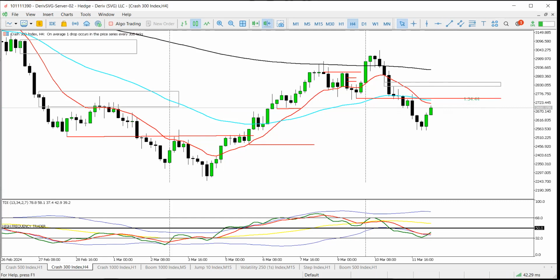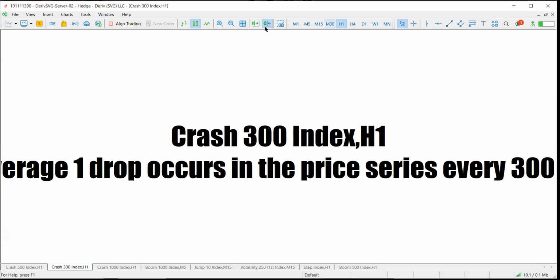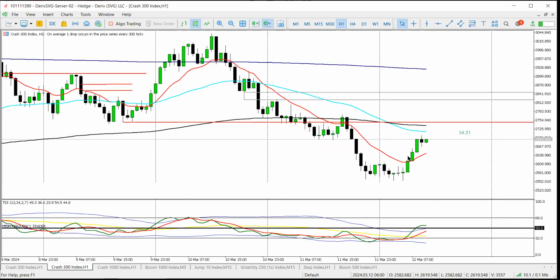Also 200 EMA just above it. And price is most likely to react with the 50 level on the TDI as a confirmation, or around the baseline as a confirmation if we are going to sell. So I would say this is my point of interest. So let's just drop to the 1 hour time frame, see what we have there.